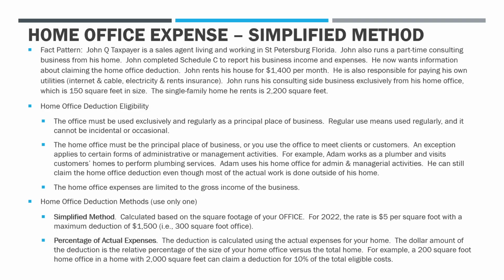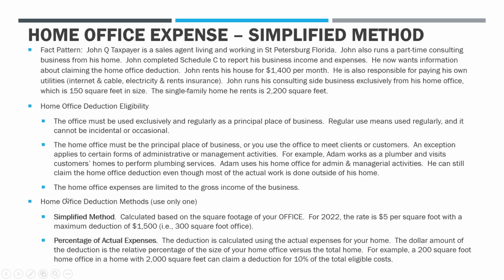He does his scheduling, he does his books, his taxes, takes phone calls. That's okay, right? He might spend 98% of his working hours outside of his house, but if his home office is used for these administrative and managerial activities, then that's okay. He can still take the home office deduction.